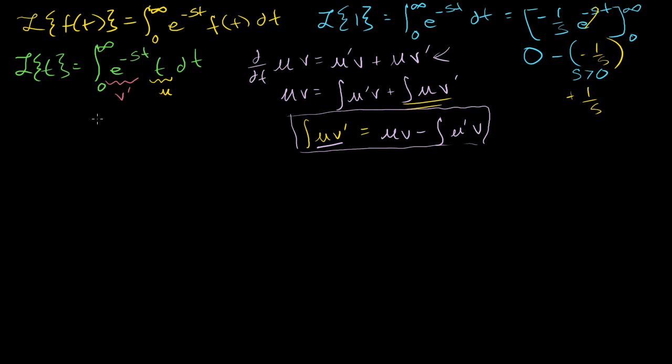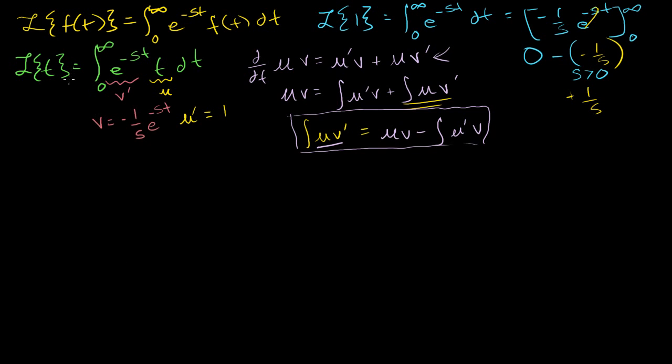If that's the case, then what is v? Well, v is just the antiderivative of that. In fact, we've done it before. It's minus 1 over s e to the minus st. That's v. And then if we want to figure out u prime, because we're going to have to figure that out later anyway, u prime is just the derivative of t. That's just equal to 1.